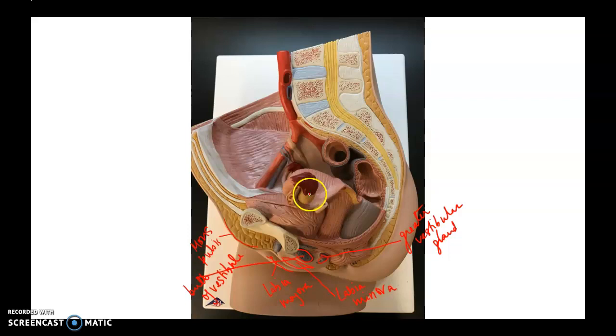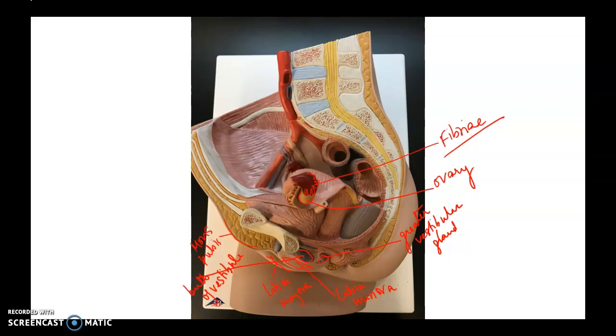Now, if you look here, this yellow shaped structure, this is the ovary. Covering the ovary, the red structure can be divided into several parts, but these finger-like structures that you see here, these are called fimbriae. And fimbriae has a special role in directing the secondary oocyte into the oviduct.